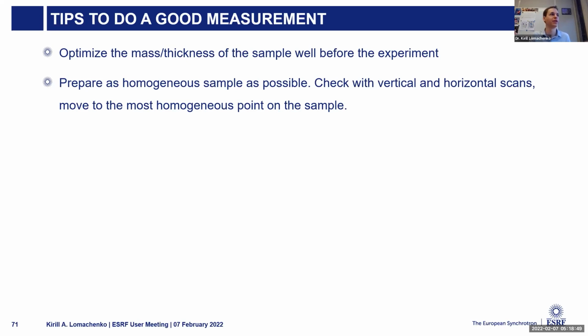Another common problem is that when you measure capillaries and you heat the sample, and the capillary is not quartz but glass, if you heat it too much, the glass will become soft, and the capillary will bend just because of gravity.